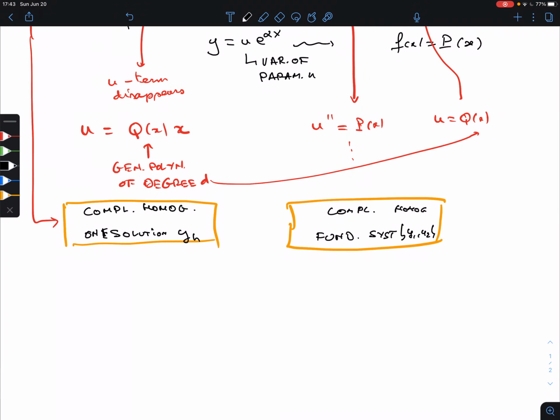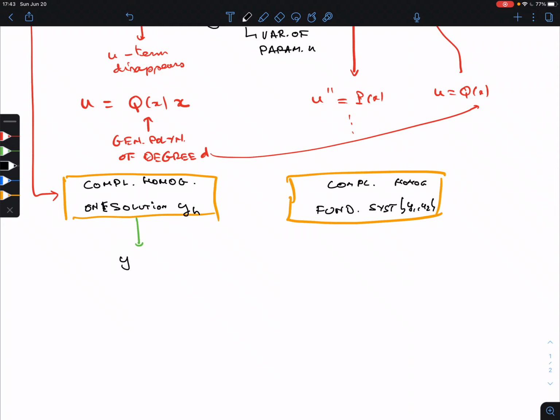In this case, what you do is write y equals u times y_h, and we do a variation of parameters. The result is that the u term will disappear.